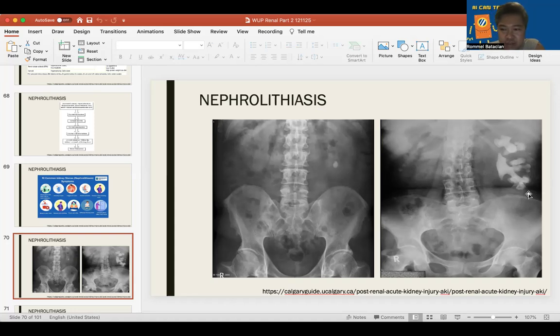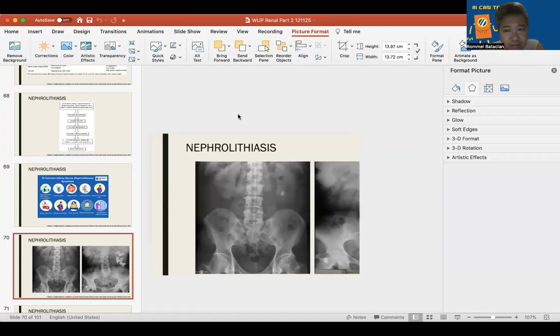And this is what you would call a staghorn calculi, because it looks like the horn of a deer. It branches out, and it follows the shape of the calyx of the kidneys. So this would cause significant obstruction and definitely would need a more aggressive type of management more than medications.